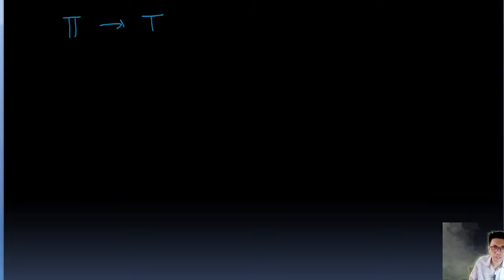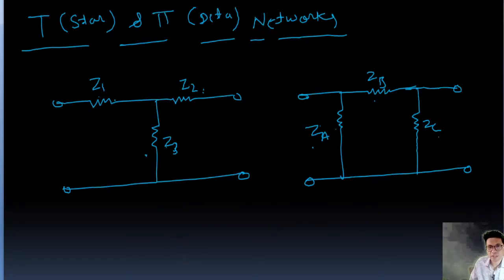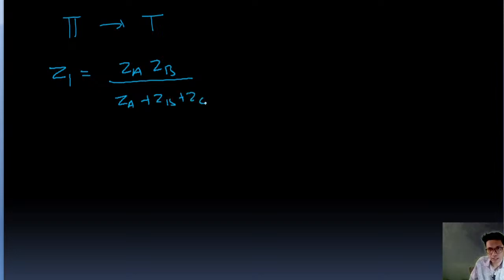So the formula for pi to T: we need Z1, Z2, Z3 for making the T. Z1 is going to be ZA ZB upon ZA plus ZB plus ZC. And now we'll find Z2.